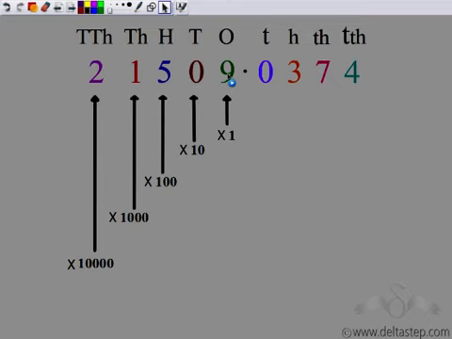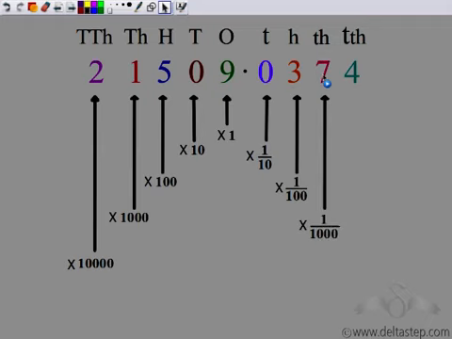Now after the decimal, you have tenths here. So 0 is in the tenths column, that is, it has to be multiplied by 1 by 10. 3 is in the hundredths column, so it has to be multiplied by 1 by 100. 7 is in the thousandths column, so it should be multiplied by 1 by 1,000. Further, 4 is in the column of ten thousandths, so this should be multiplied by 1 by 10,000.